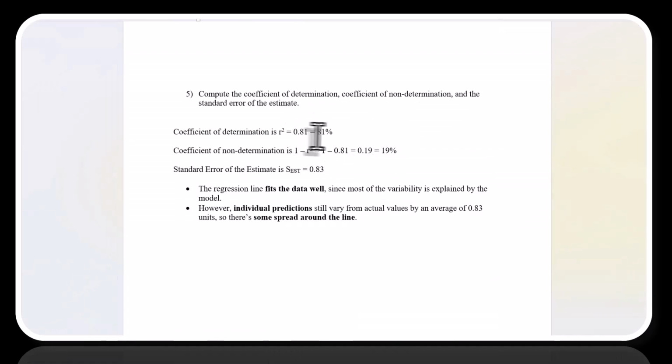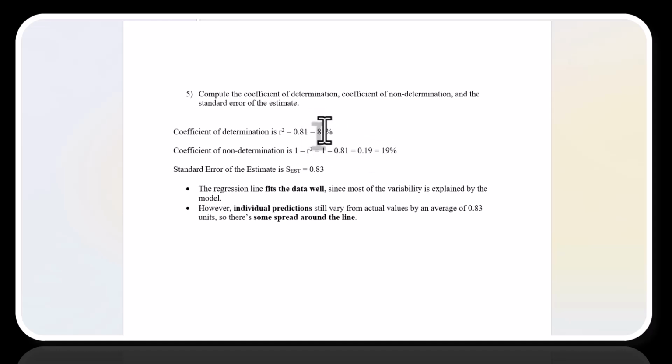This means that 80% of the results were explained by our variable X. We also want to calculate what's called the coefficient of non-determination. That's 1 minus R squared. So 1 minus 0.81 is 0.19, 19%. We want this value to be low and we want this to be high.